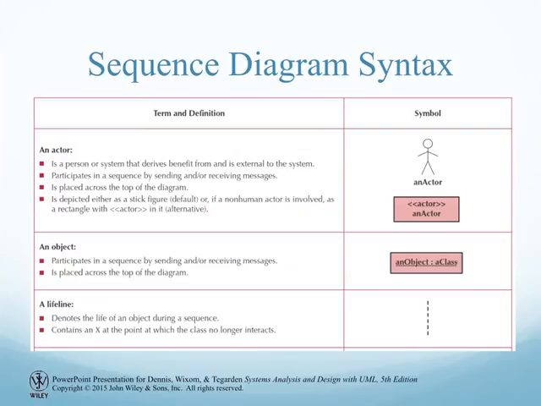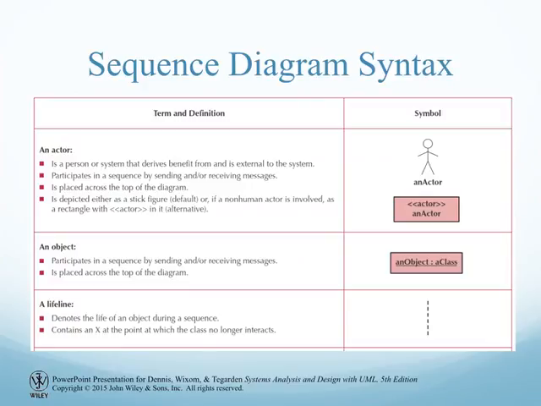So those are actors. The objects are the classes. These are the actual parts of the system that are going to be involved in this particular use case. And you'll see again when we get to the example in a couple of slides how these things get defined.